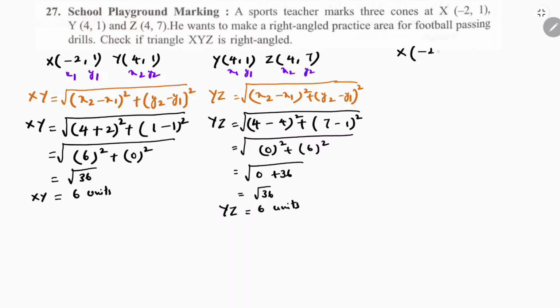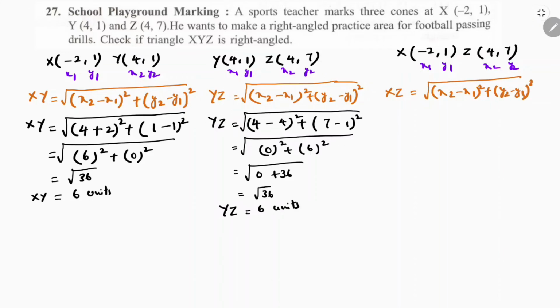Now I'll find XZ. X is (-2, 1) and Z is (4, 7). Again I'll consider these two points as x1, y1, x2, y2. The distance formula, XZ equals the square root of (x2 minus x1) whole square plus (y2 minus y1) whole square.